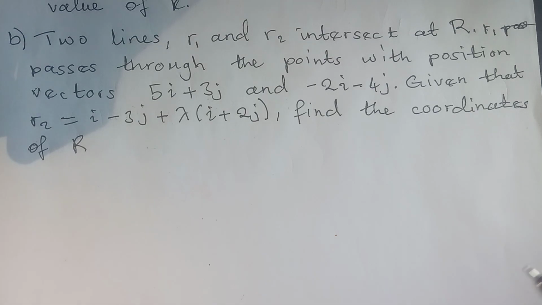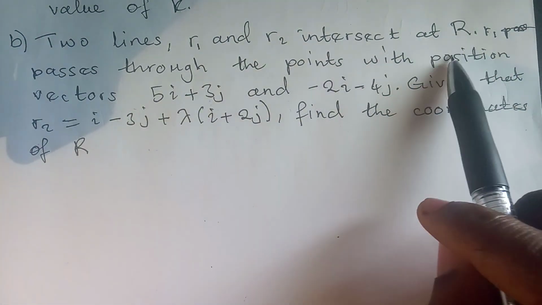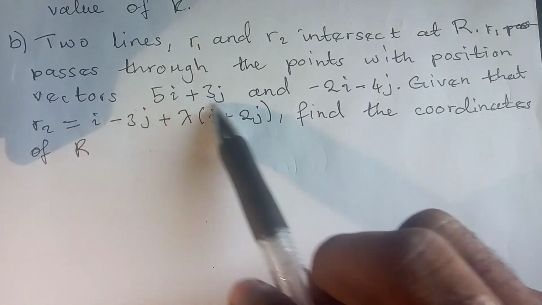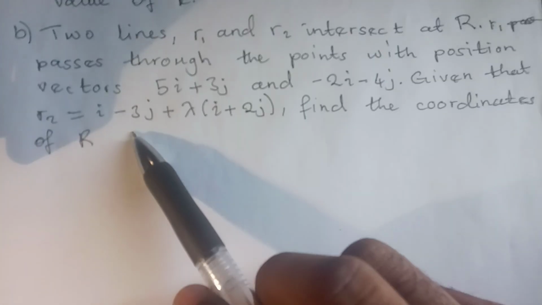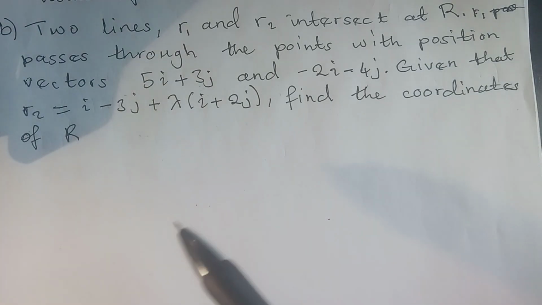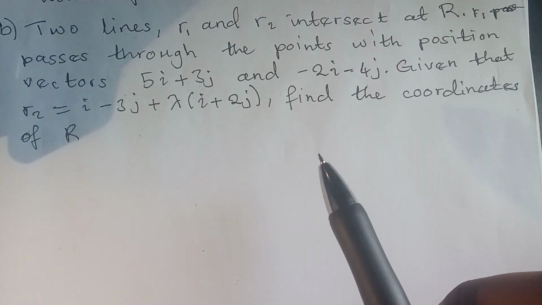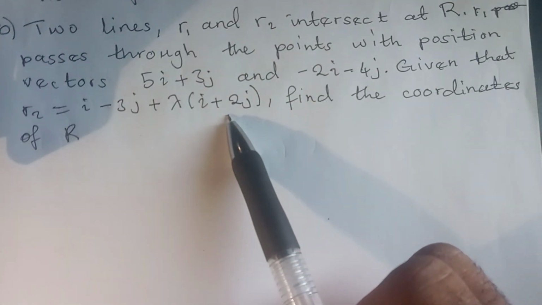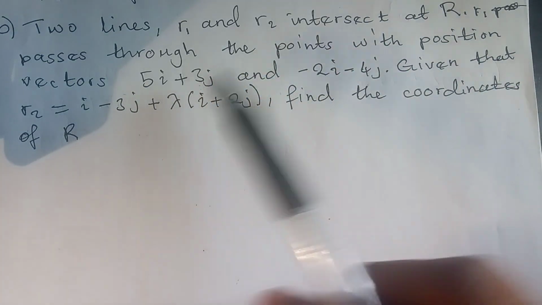And then part B, two lines R1 and R2 intersect at R, and R passes through the points with position vectors this and that. Given that R2 is equal to i minus 3j plus lambda i plus 2j, find the coordinates of R. So in this case, this is like coordinate geometry, where you have been given one equation, and instead of being given the other equation, you've been given 2 points through which it passes.